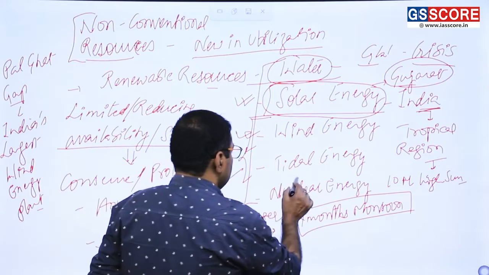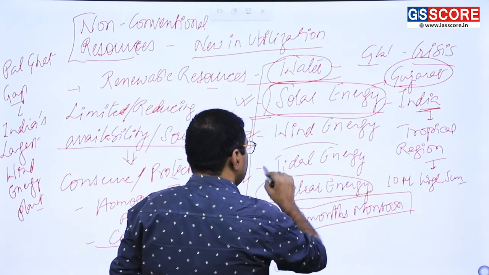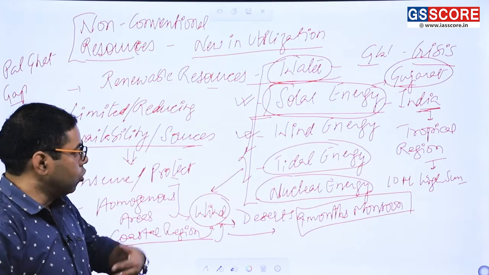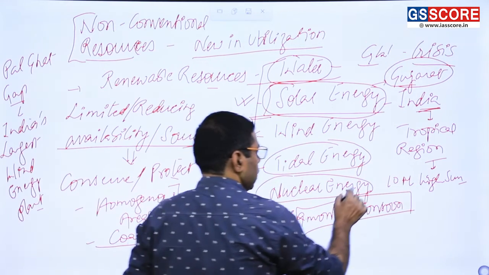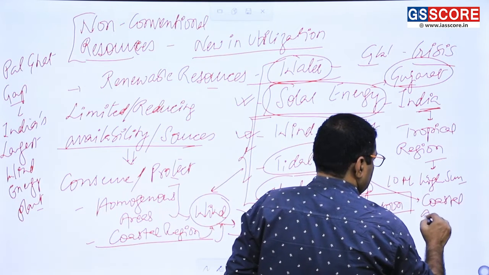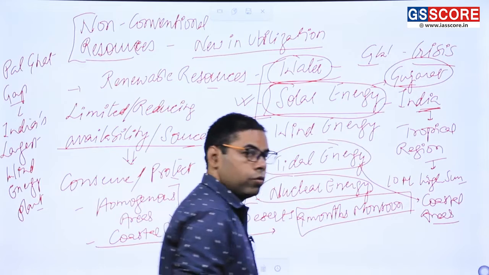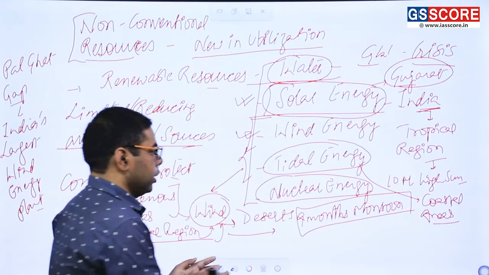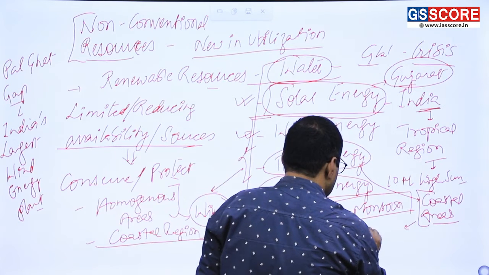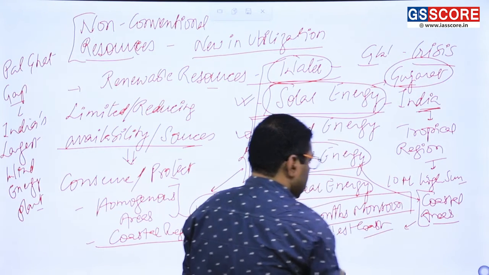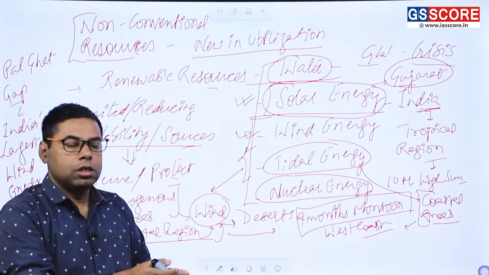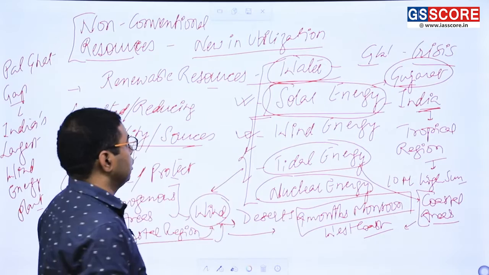Then after, nuclear energy, tidal energy. Tidal energy definitely has scope in the coastal areas, particularly in the west coast, where there are narrow estuaries and narrow creeks.